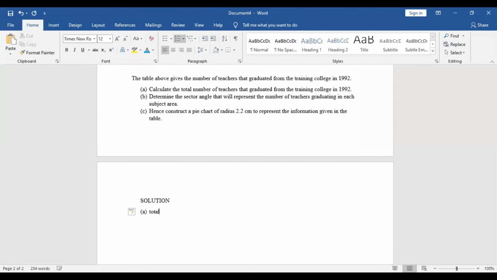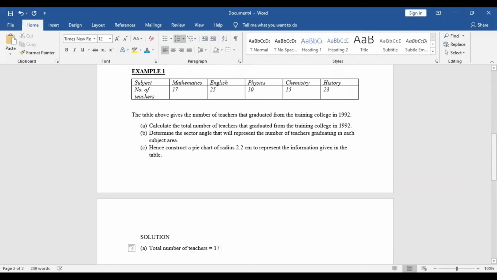So total number of teachers is equal to, what is our figure? We have 17 plus 25 plus 10 plus 15 plus 23. Do the calculations and tell me how much you got when you add everything together. 90. So the total number of teachers will be 90.